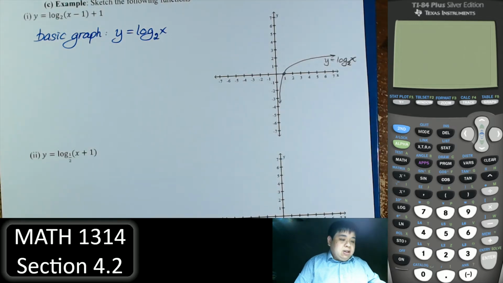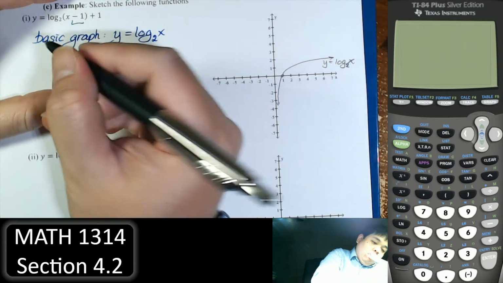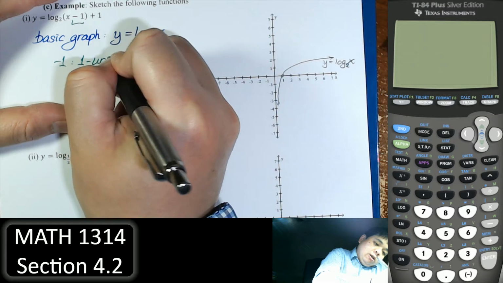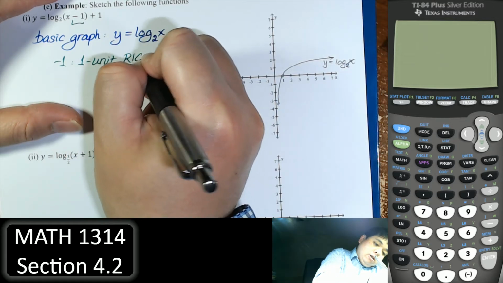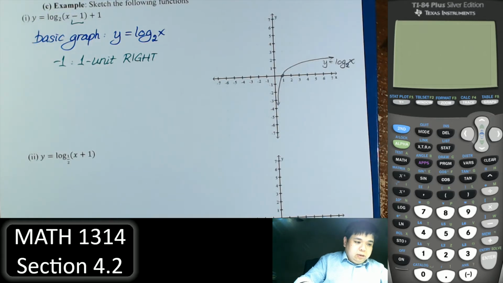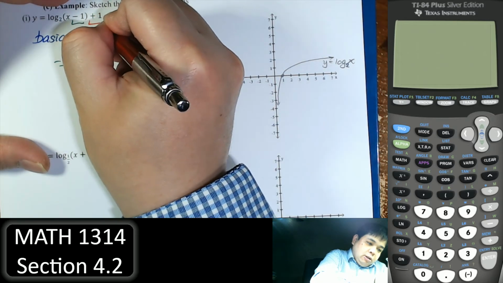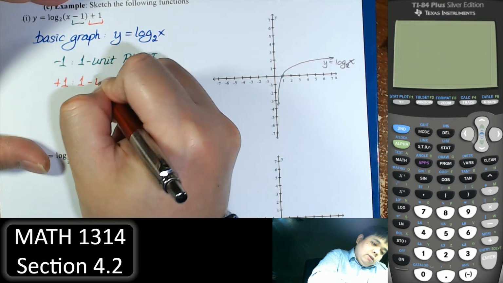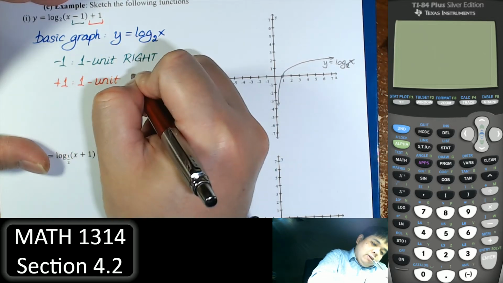Now we have the minus 1 and the plus 1. Minus 1 here, we move 1 unit to the right. And plus 1, one unit up.